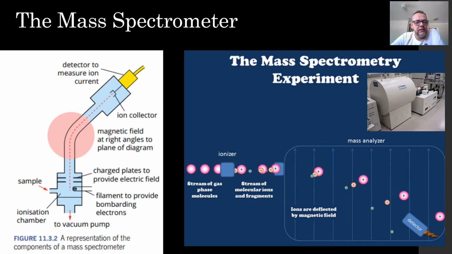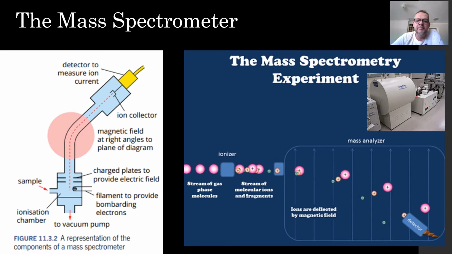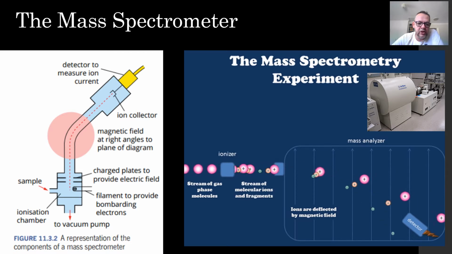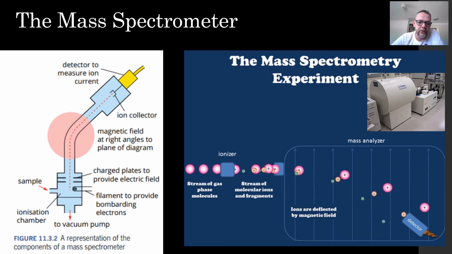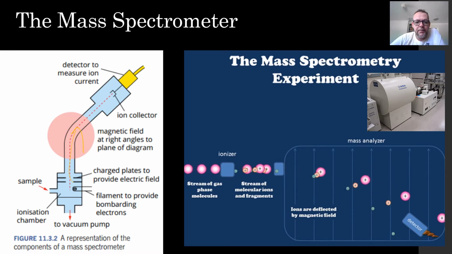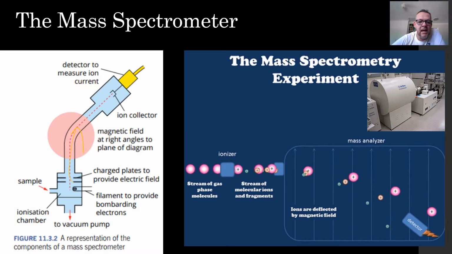Back in Unit 1, we looked a bit at mass spec, particularly in the analytical techniques. A mass spectrometer has an ionization chamber, so the sample is turned into a gas and shot full of electrons. Charged plates provide an electric field, then there's a magnetic field at right angles.